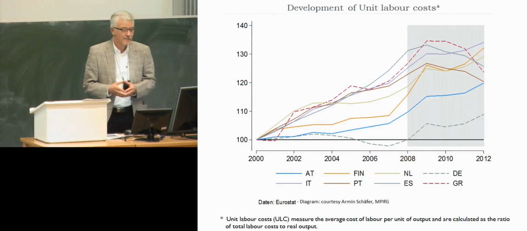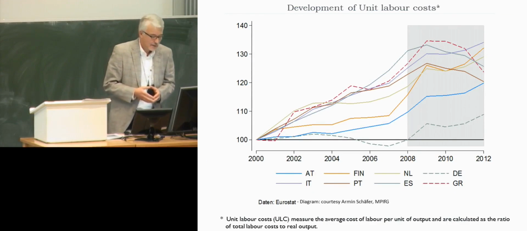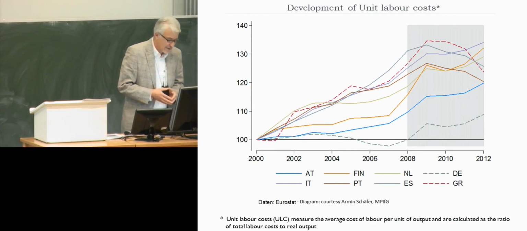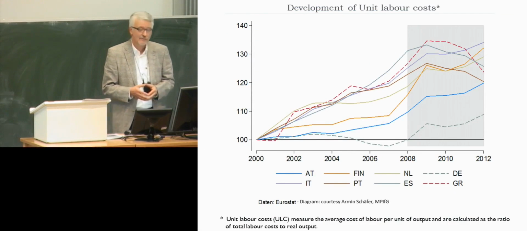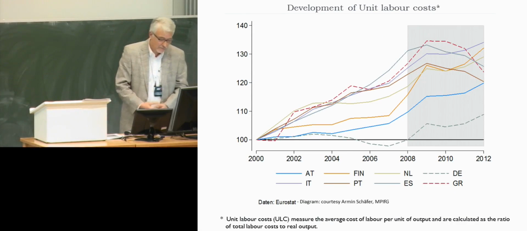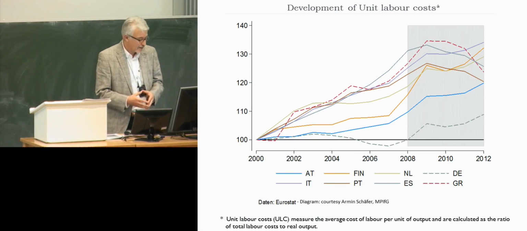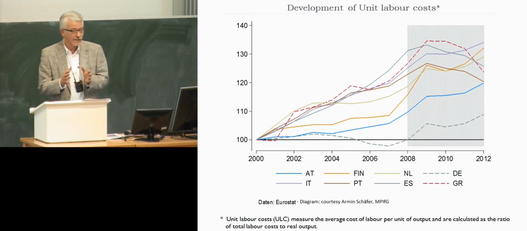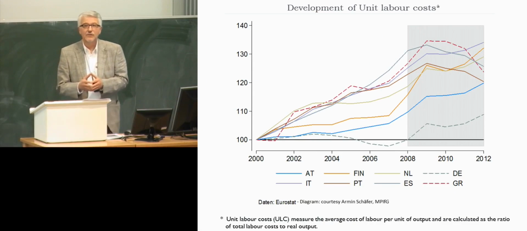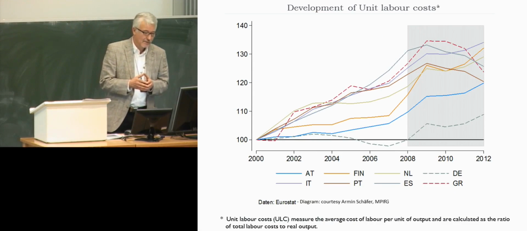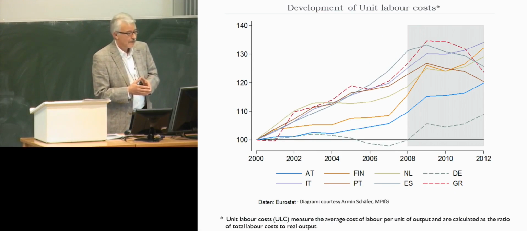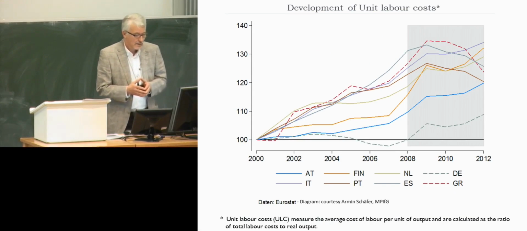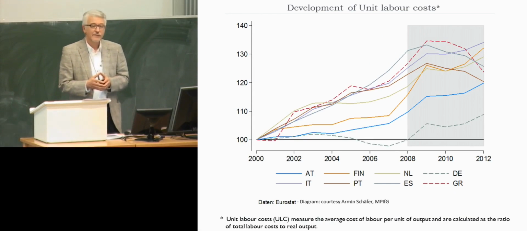The picture becomes even worse when you compare the development of unit labor costs. Unit labor costs measure the average costs of labor per unit of output and are calculated as the ratio of total labor cost to real output. So in this case, wages are related to industrial performance, and if unit labor costs rise, a country's competitiveness suffers.